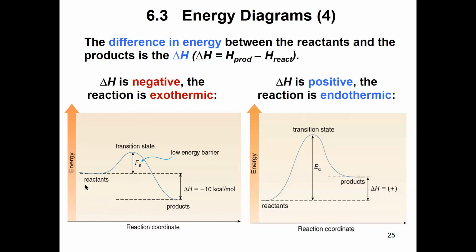And so you start with the reactant on the left. The dotted line represents the energy level of the reactants combined together. And then you have this blue curve that moves up. The top of the curve is the transition state, when the reactants have their bonds broken, and it requires a lot of energy to break the bonds.